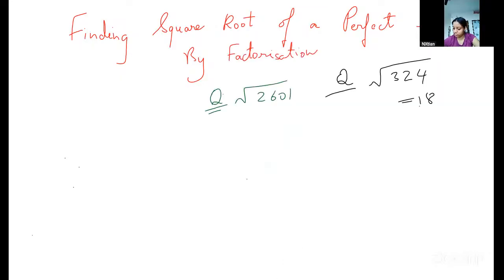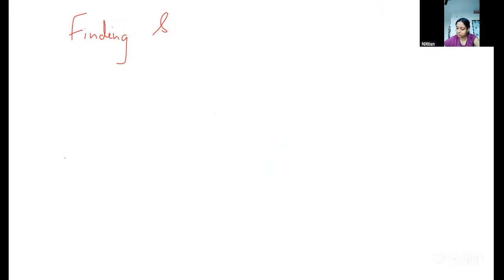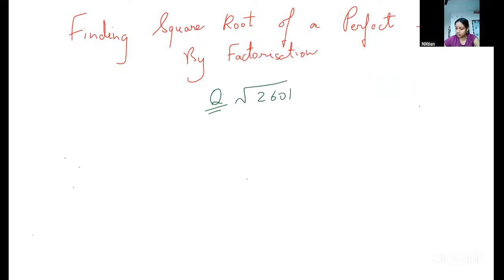Ma'am, by dividing it by 3, it's not happening. When I check the divisibility, it's coming all okay, because it's coming to 21. 2601 and 867 is not divisible by 3.